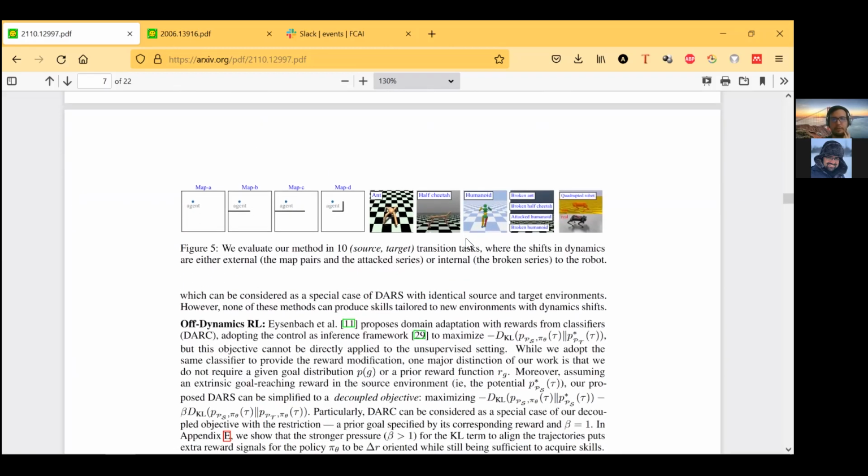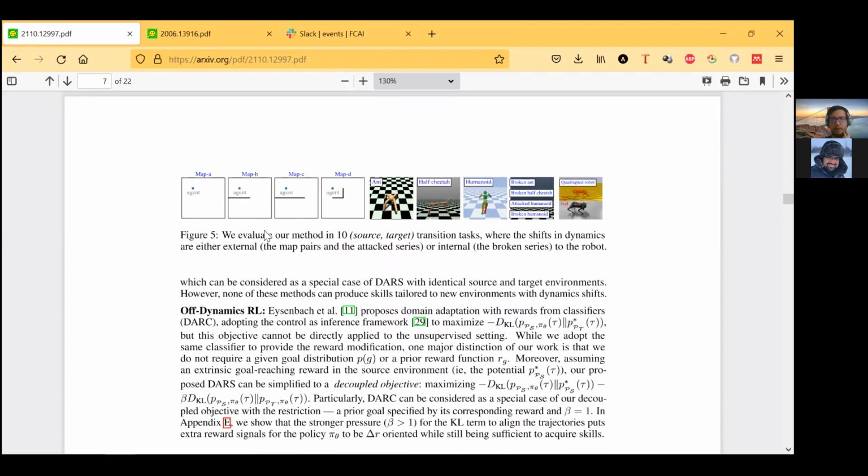And the experiments, so I mentioned these maps and this sim to real, and they also have some other experiments where the source environment is, I think, the standard MuJoCo environment, but then the target is some environment where you cripple some of the joints.